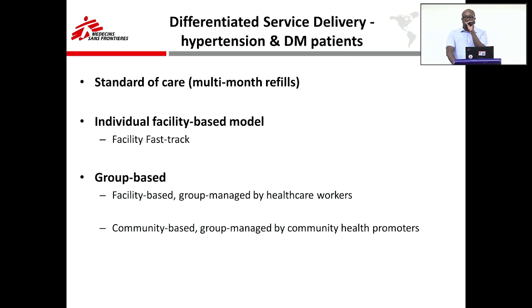This means patients who are stable, like for HIV, patients who have hypertension or diabetes or both conditions, and they are stable, and they have been in the program for more than 6 months. They have undergone therapeutic education, and of course they consent. They are told not to come for monthly appointments, because usually patients come for monthly appointments.